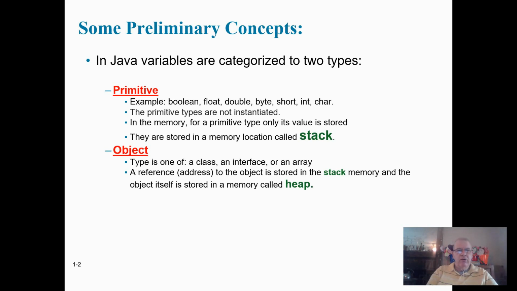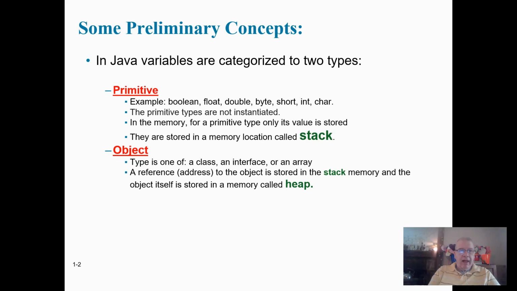First, we want to talk about two general types of data. There are primitives, which are the 8 primitive types, and then there are objects. So the primitives, the integers and the doubles and so forth, are stored in a memory location called the stack.